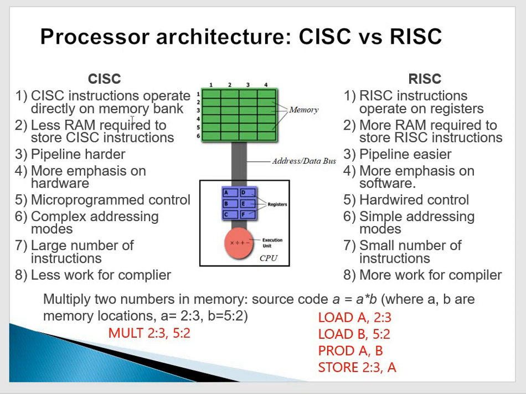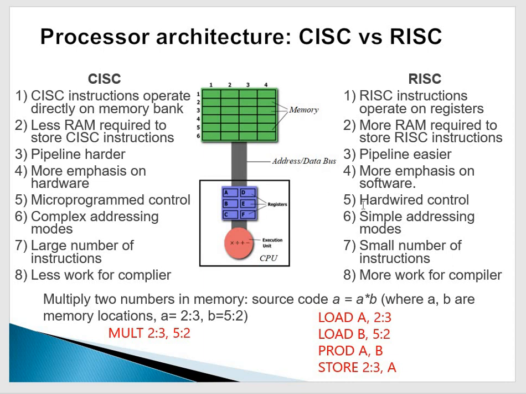So in case of CISC architecture, most of the control signals are generated through the microprograms which are already pre-decided and stored in the memory. All those control signals will be generated by these microprograms.